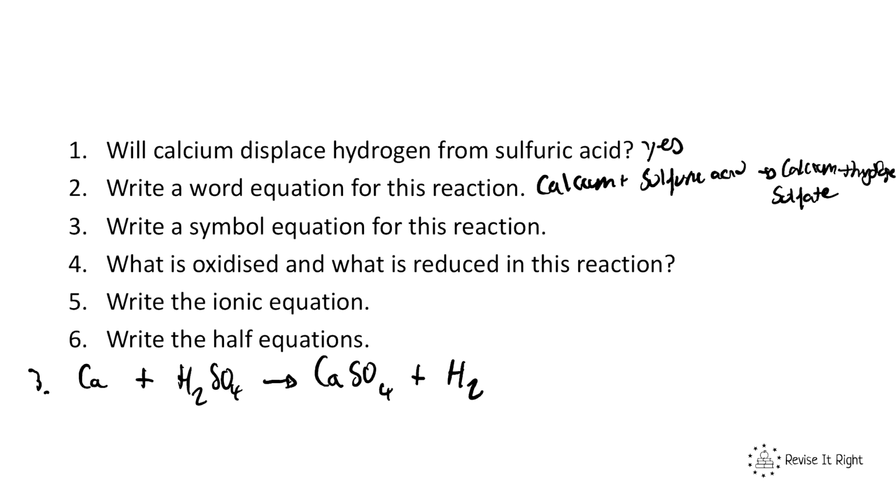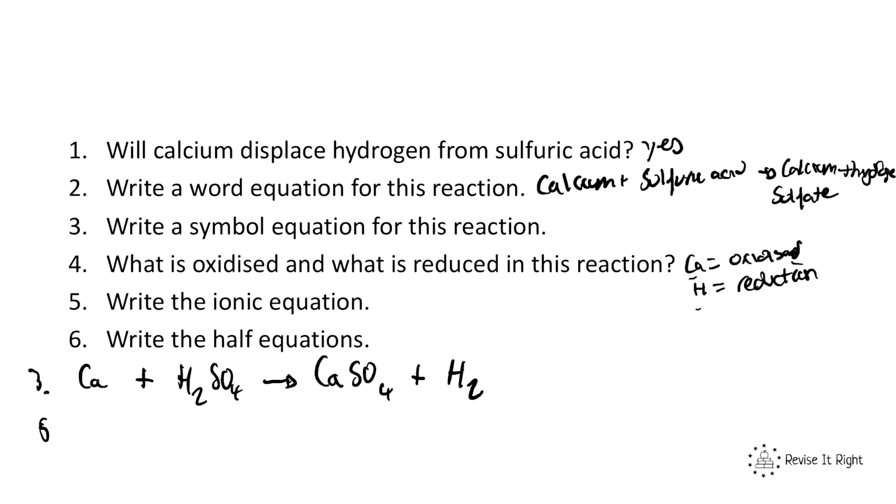What is oxidized and what is reduced in this reaction? Okay, so calcium as the metal is oxidized and hydrogen is going to be reduced. Remember, oxidation is the loss of electrons, so calcium is going to lose electrons and hydrogen is going to gain those electrons, so that's going to be a reduction.